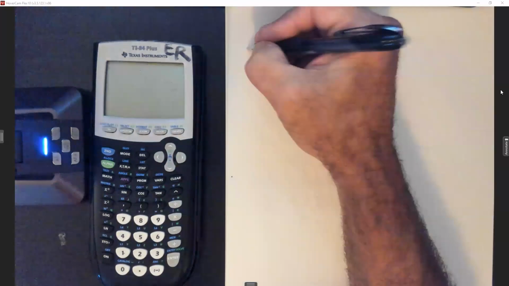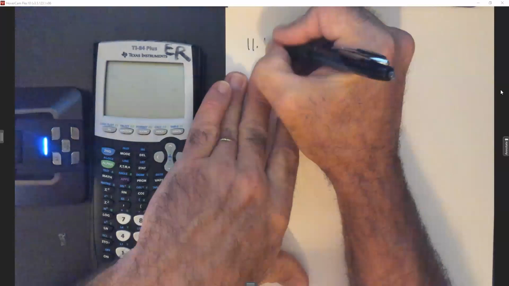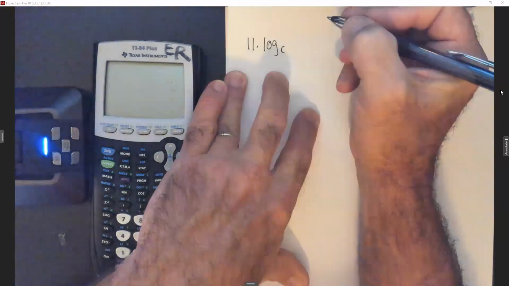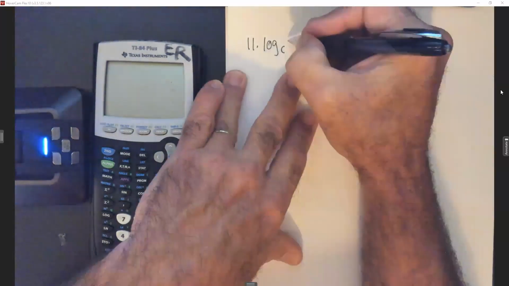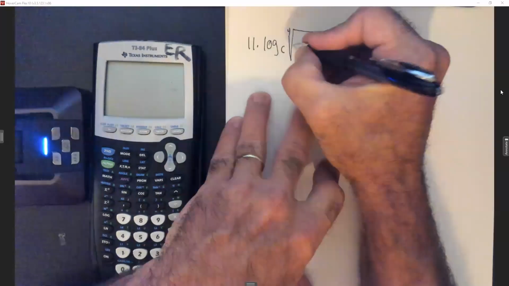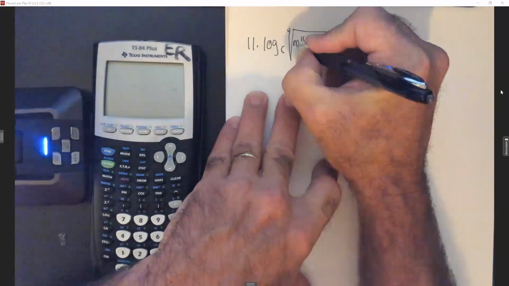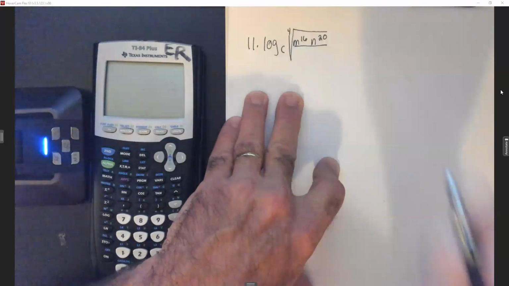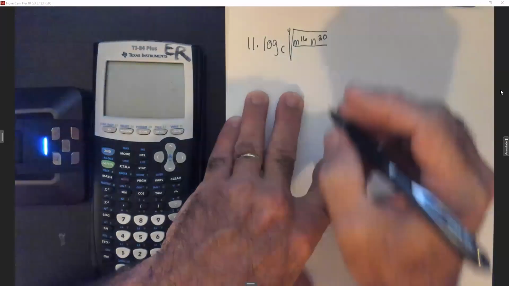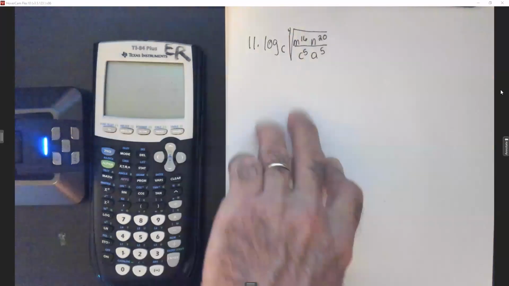All right, y'all, so let me bring number 11 over here because this got a big radical. I got a log base C. My radical is a fourth root. On top is M^16 N^20. On bottom is C^5 A^5.